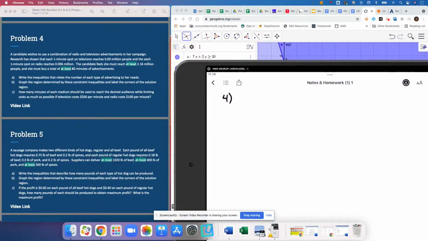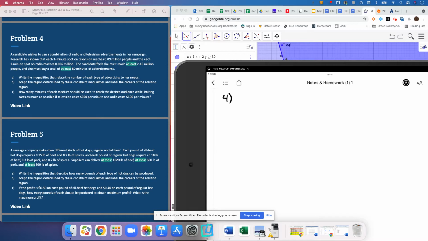And back with number 4, we have some advertisements going on again, except this time we do have some information about how much it costs to run those advertisements. So a candidate wishes to use a combination of radio and television advertisements in her campaign. Research has shown that a 1-minute spot on television reaches 0.09 million people, and that each 1-minute spot on radio reaches 0.006 million people.